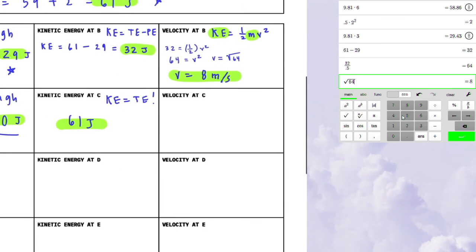Now for the velocity, same thing as before, let's do one more practice. So we have 61 joules is equal to 1/2 times 1 times v squared. So we're going to divide by 1/2 on both sides.